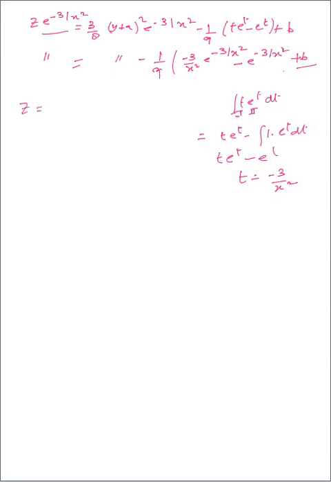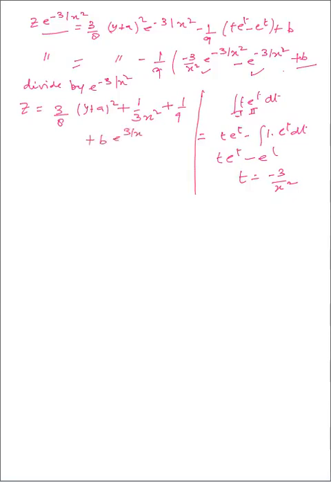So z is equal to 3 upon 8 y plus a square plus, from here we get 1 by 3 x square, that's it, and from here plus 1 upon 9, only this much, plus b e to the power 3 upon x square, and this is the answer, complete integral. Thank you.